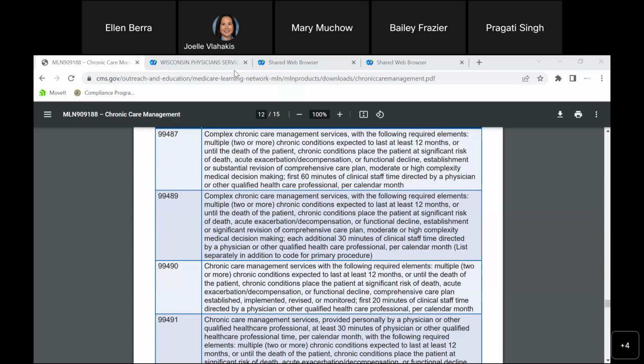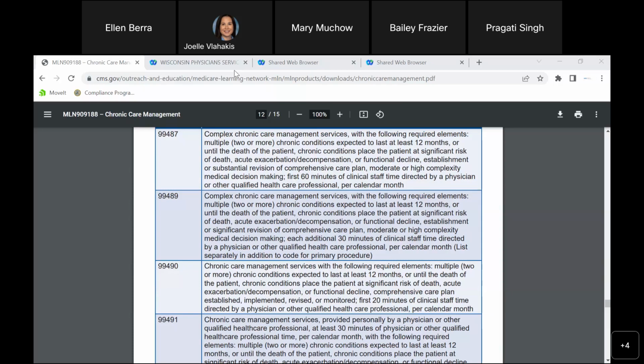One of the confusions we have seen in the community is that the G0506 is kind of starting chronic care management, and that's not the case. The G0506 is only applicable when you are doing an initiating visit.